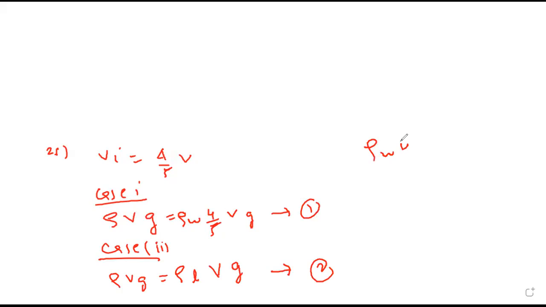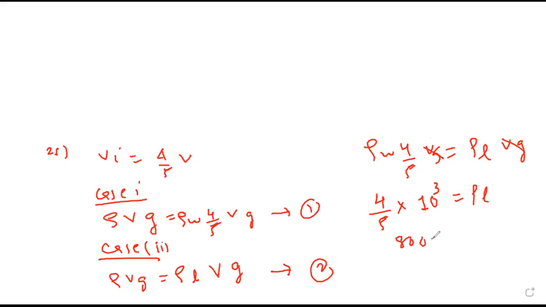So rho of water 4/5 Vg is rho of that liquid Vg. Vg cancel. So rho of liquid is 4/5 into water density 1. In case they want, that is 10 raised to 3. 4 upon 5 will become 0.8, so 800 equals the density of liquid, option D.